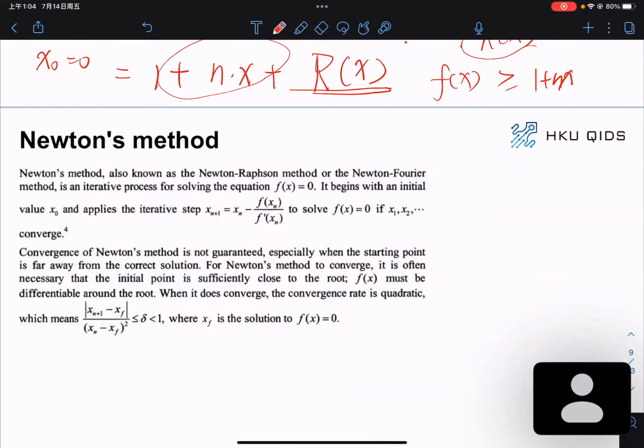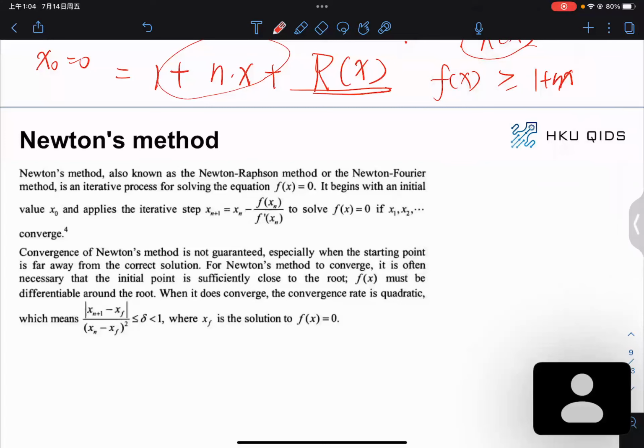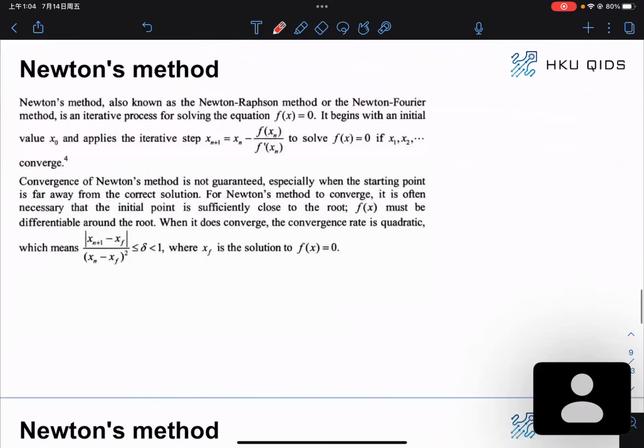And now let's come to Newton's method. Newton's method is also known as the Newton-Raphson method. It's basically an iterative process for solving the equation f(x) equal to 0. It's trying to find the root solution by taking the slope each time.